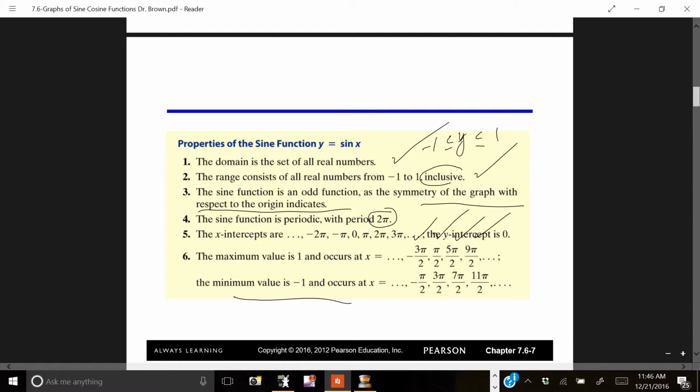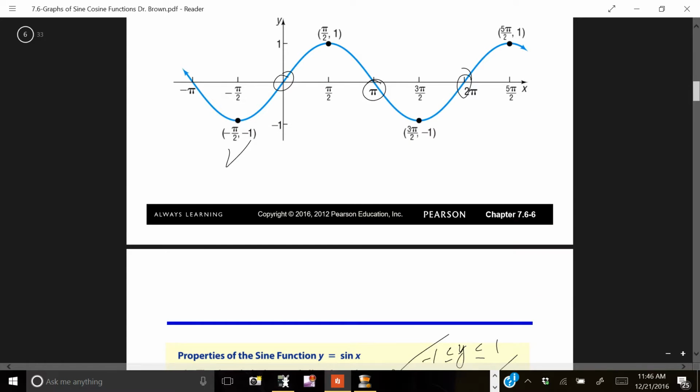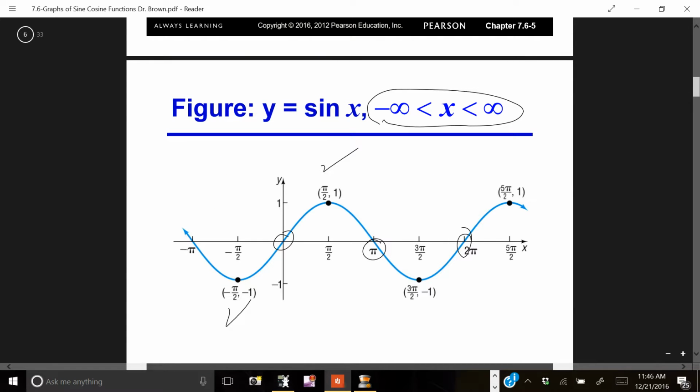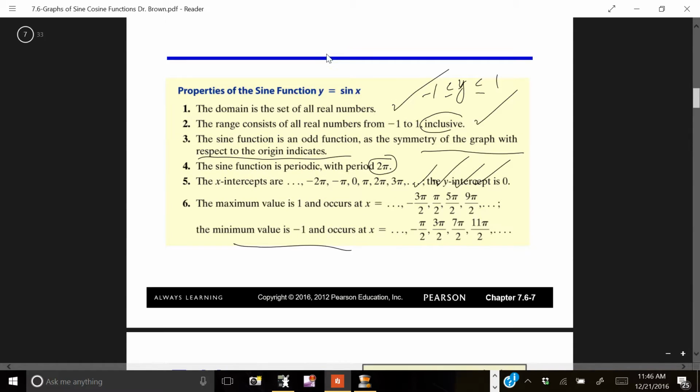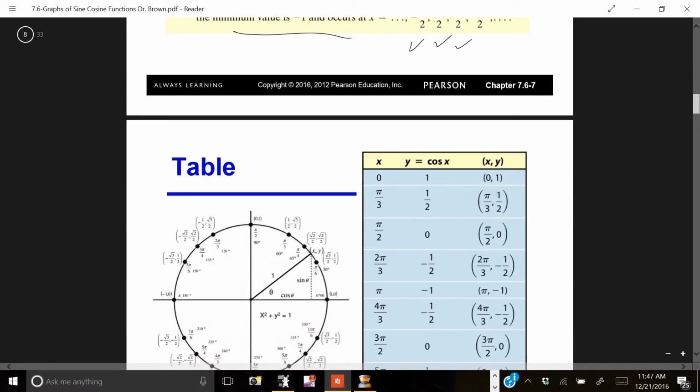And the minimum values, notice the first minimum occurs at 3 pi over 2, and then that will repeat every 2 pi. So, as we said, 3 pi over 2, minus pi over 2, 7 pi over 2, keep adding 2 pi, and you'll see where the minimum values occur.